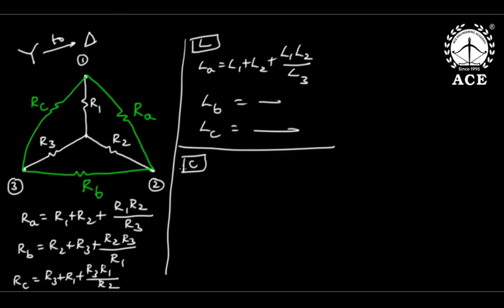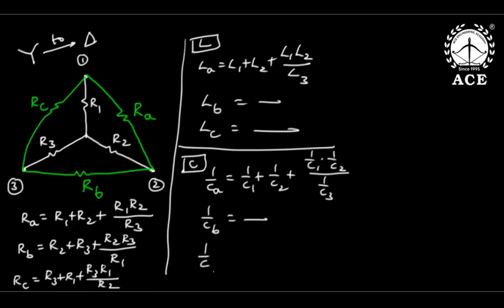Suppose there are three capacitors in star, the corresponding value in delta: 1 by CA is 1 by C1 plus 1 by C2 plus 1 by C1 into 1 by C2 by the opposite 1 by C3. That is how you can go. Reciprocate every term including the left hand side. That is what you have to remember.